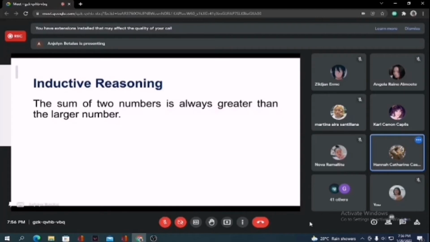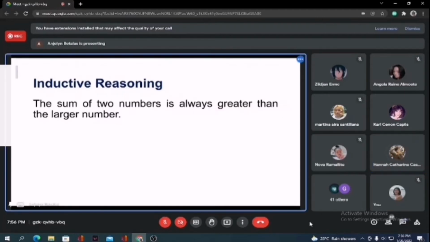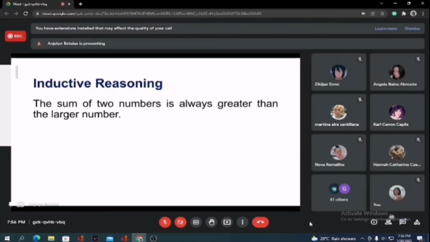150, ma'am. 100 plus 50 is 150. 150 is greater than 100. I used it, ma'am, because my partner's larger number is 100, and the sum of two numbers is 50.